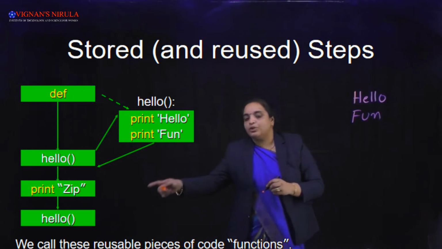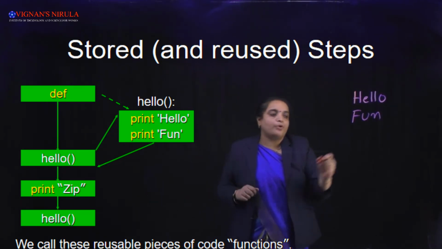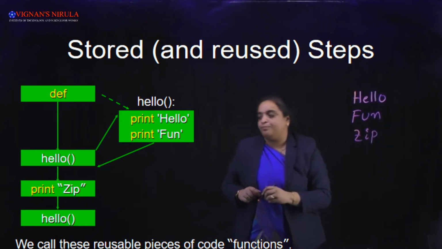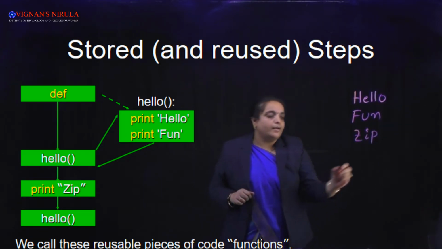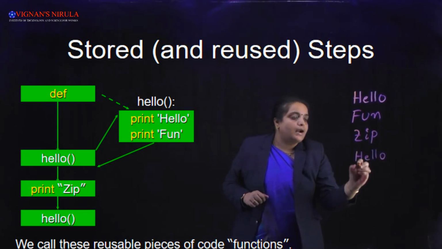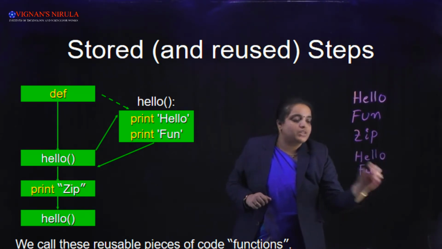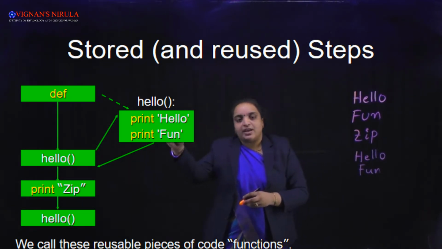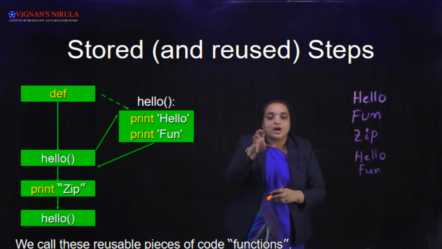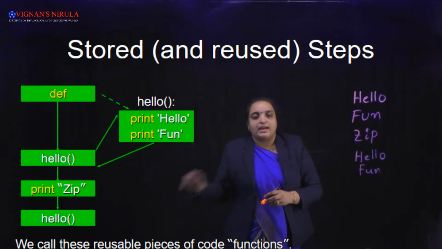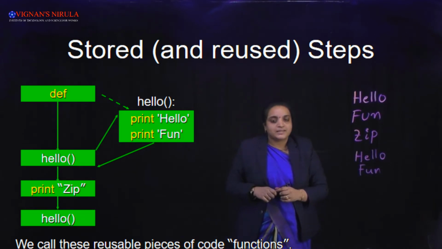Then it will come back to the original program. In the original program, we have the next printf statement, that is j. Then again the hello function will be called and the two statements in the hello function will be printed. So in this way you store the function and you reuse your function whenever it is necessary. Is that clear?